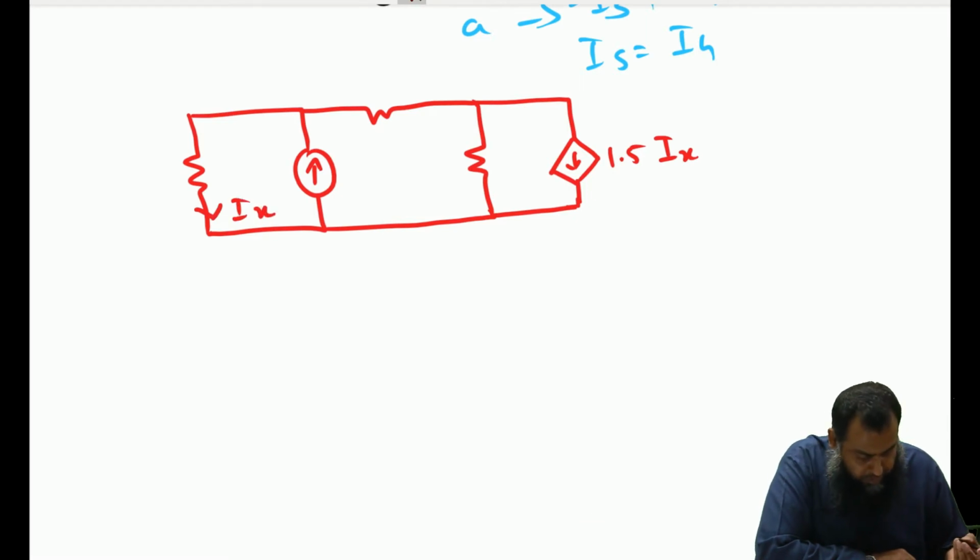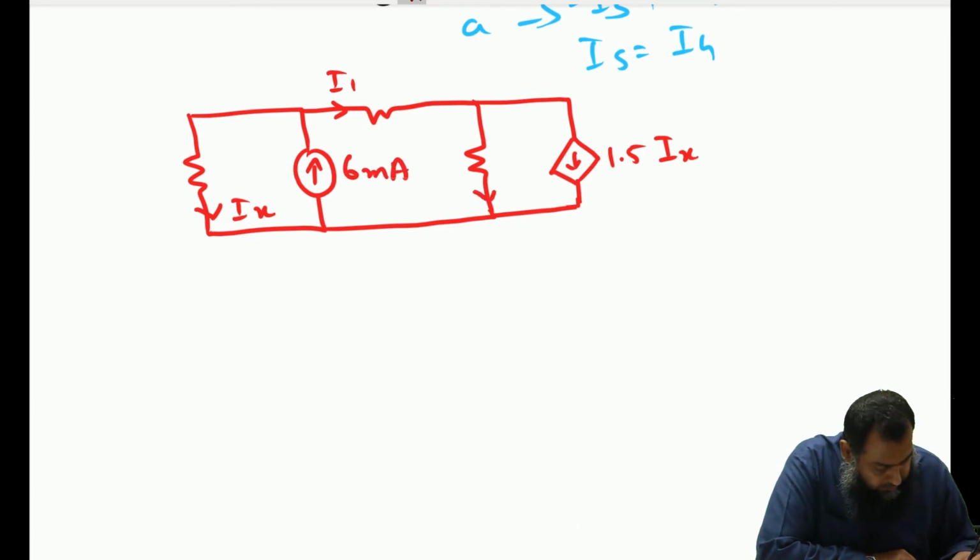We have no information about the value of the resistances, but we will see that it is not required, because this is quite a simple circuit. This is I1, this is 6 milliampere, and this current is known, it is equal to 1 milliampere.